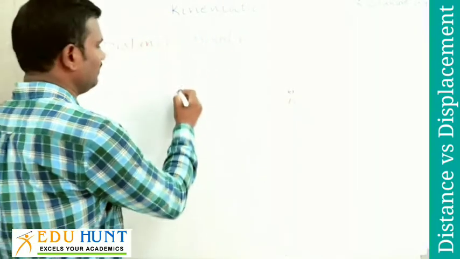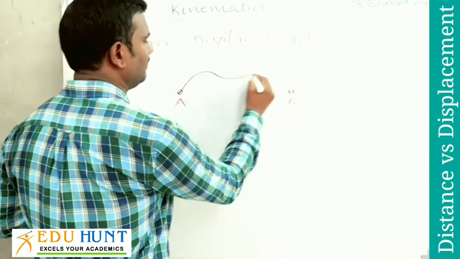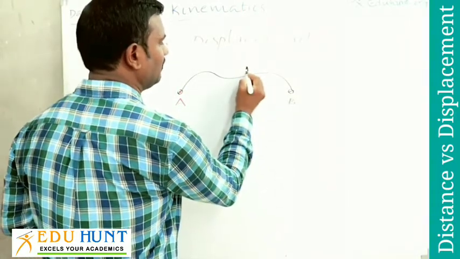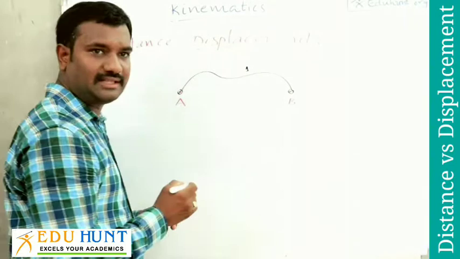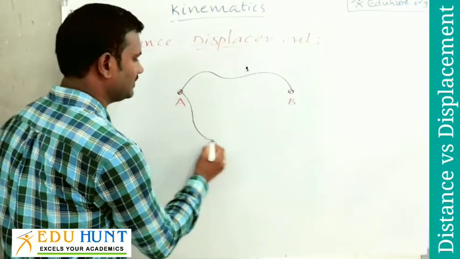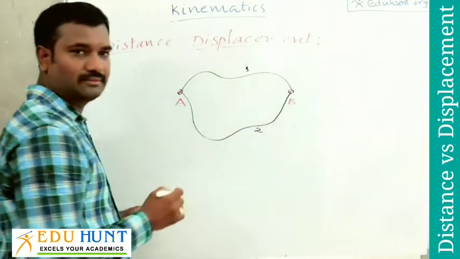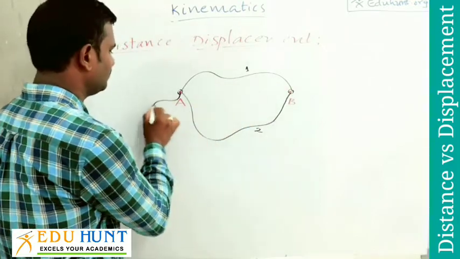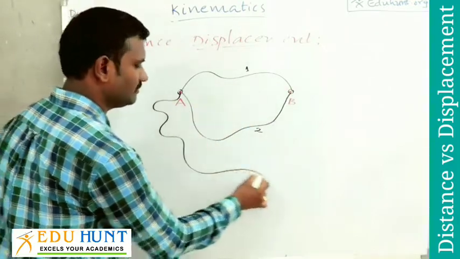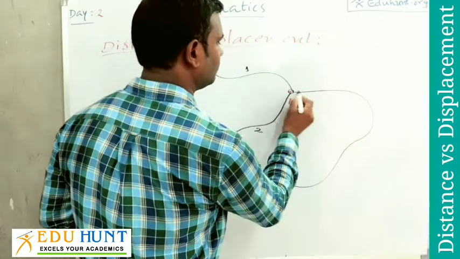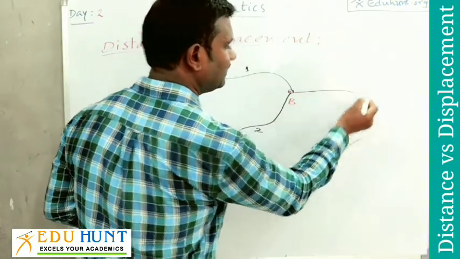Here I have a path, say path number 1. I can move like this. So this is path number 2. This is path number 3.